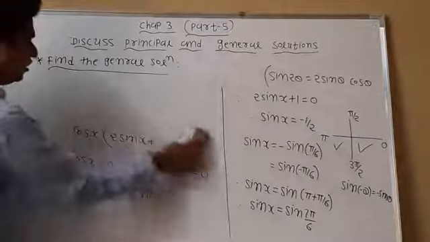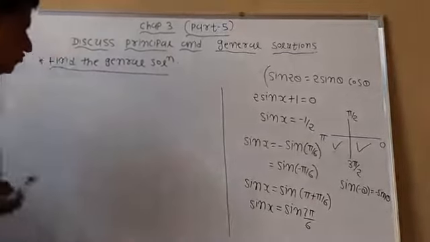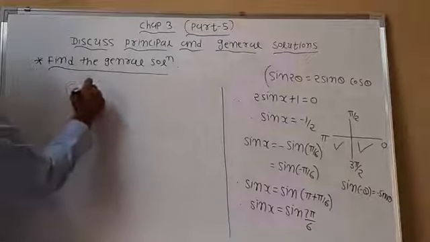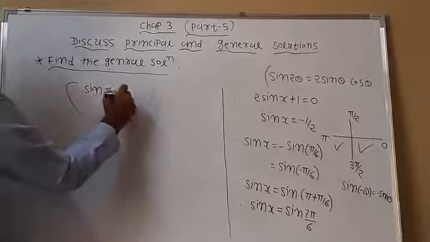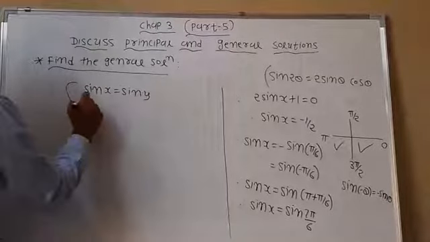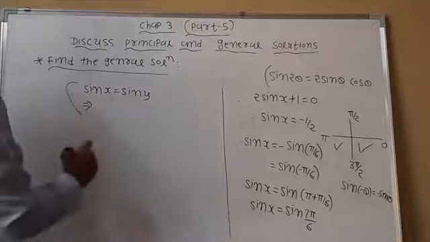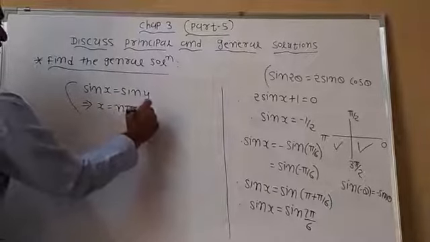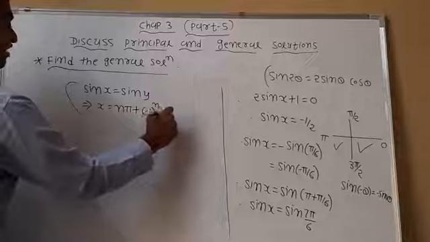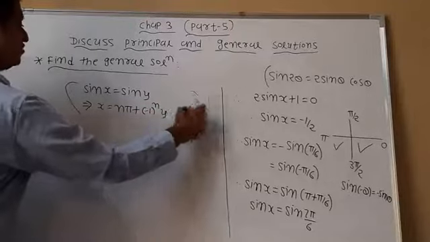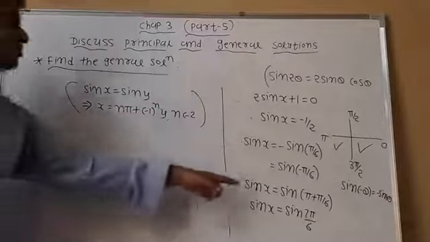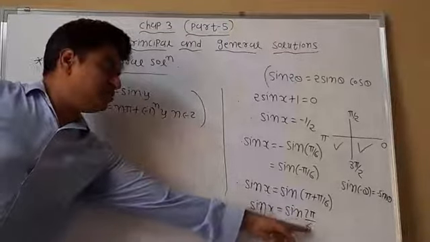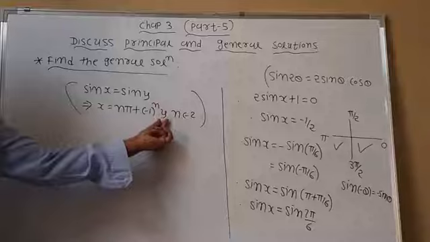Now we know the result: sin x is equal to sin y implies x is equal to n pi plus minus 1 raised to n y, small n belongs to Z. So using this result, in place of y consider 7 pi by 6 and substitute this value here.